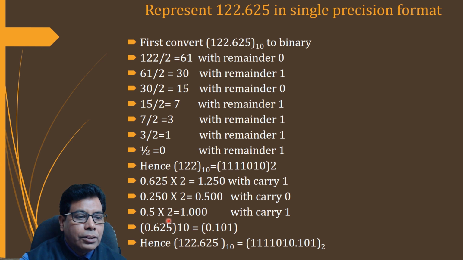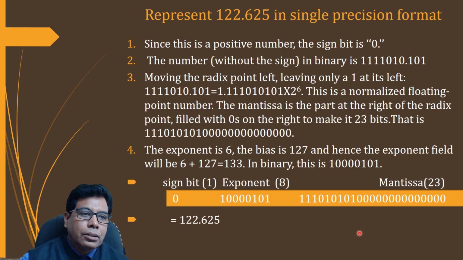Then 0.5 multiplied by 2 will be 1 with carry 1. So 0.625 will be 0.101. So 122.625 will be 1111010.101. Now once this is known to you, then you can follow these steps for the representation.